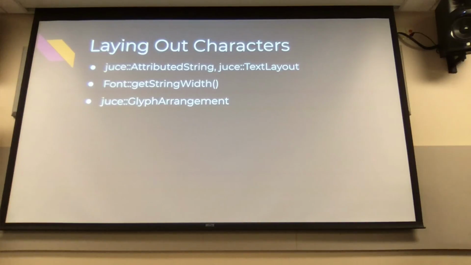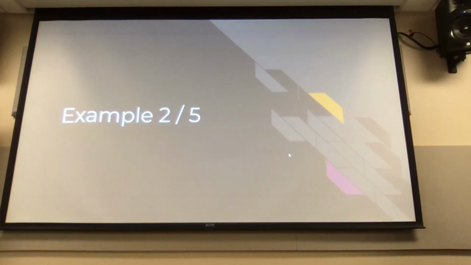Do not use glyph arrangement. It is a nightmare. But if you absolutely have to, that's how we did it in the Hack Audio UI library. There's the LaTeX style stuff where you can write math equations and it'll do subscript, superscript and fractions, and that is how that was achieved with the glyph arrangement over a very long time.